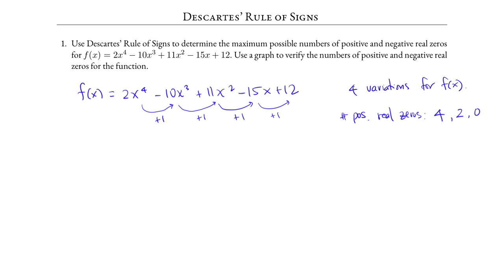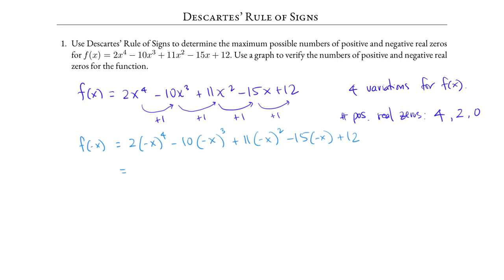We also need to check the sign variation of f of negative x. We simply plug in negative x where x is, so everywhere we see an x, we replace it with negative x.